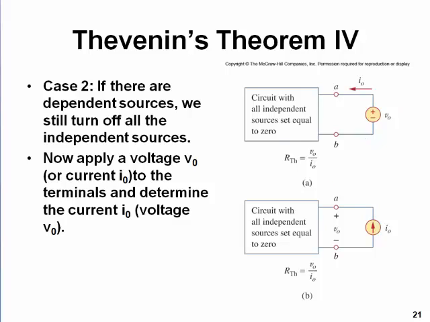Then you analyze the circuit and find out what R Thevenin is because of this voltage that you assumed, and you'll figure out what the current is. Similarly, you can short circuit the output and determine what the current is. And then you have to make calculations to determine this Thevenin equivalent.